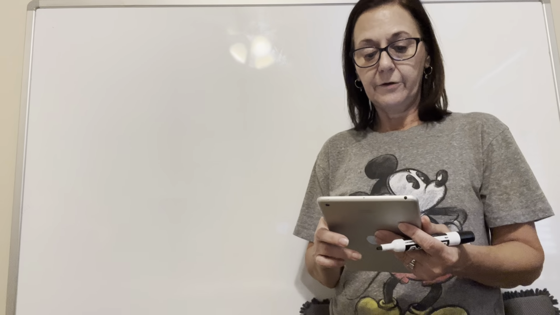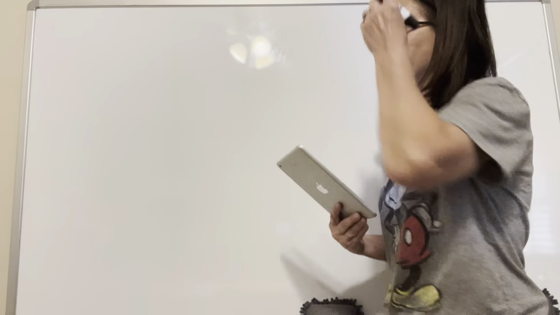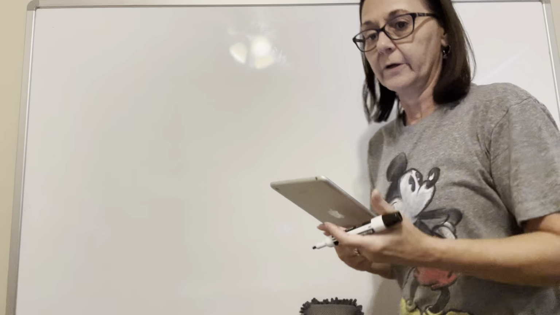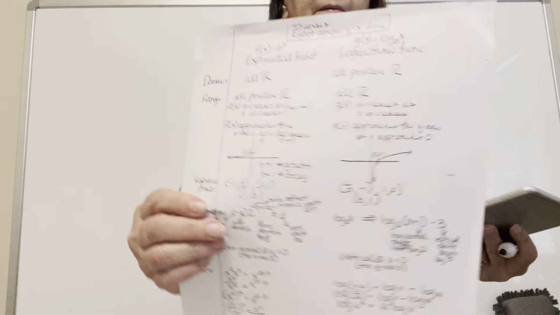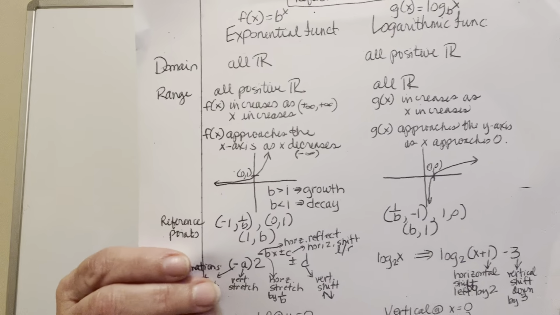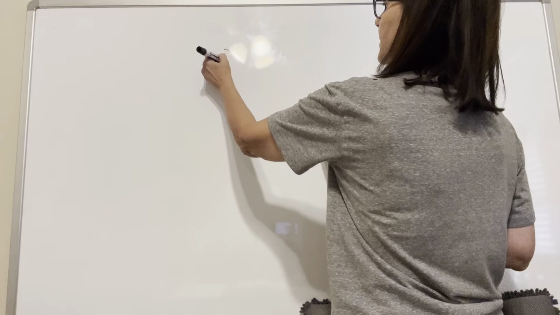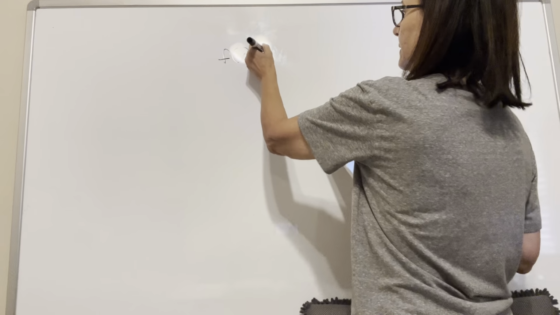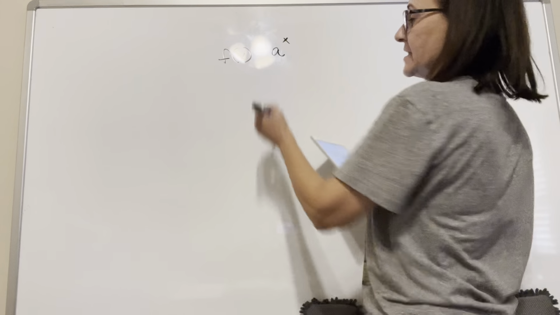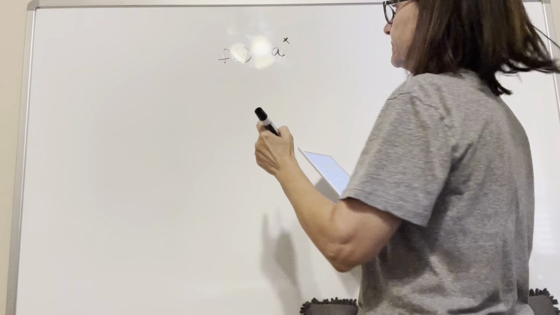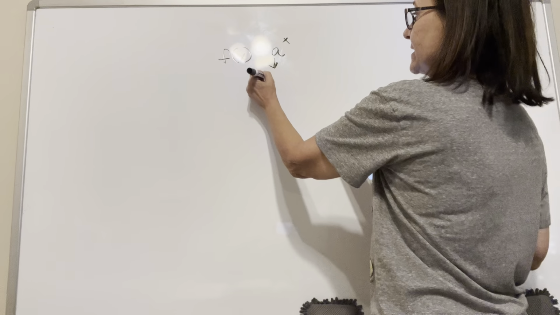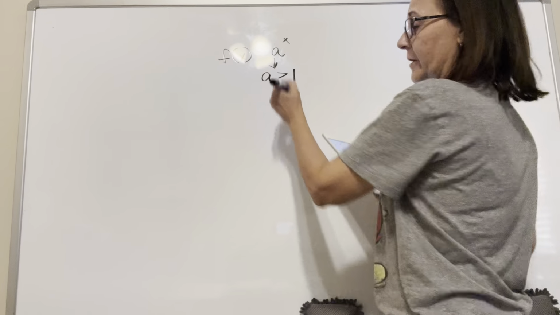It's on page 352. So when we have decay, remember, if we go back to this little sheet, if we are growing exponentially, then your base, this A value, is going to be greater than 1.